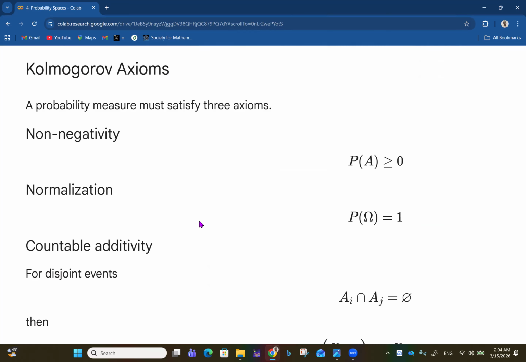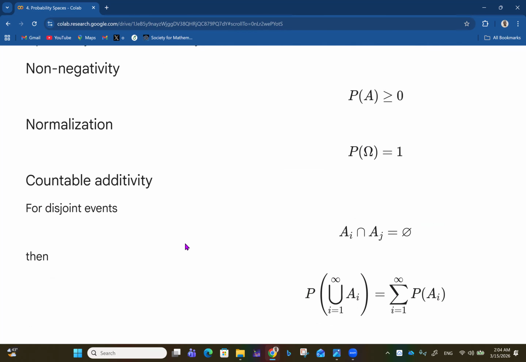Then there's also normalization. The probability of the whole sample space is equal to 1. That means if you add up the probability of all the possible events in the sample space, everything goes to one. Then you have countable additivity. If you have disjoint events, A_i intersection A_j is empty because they have nothing in common.